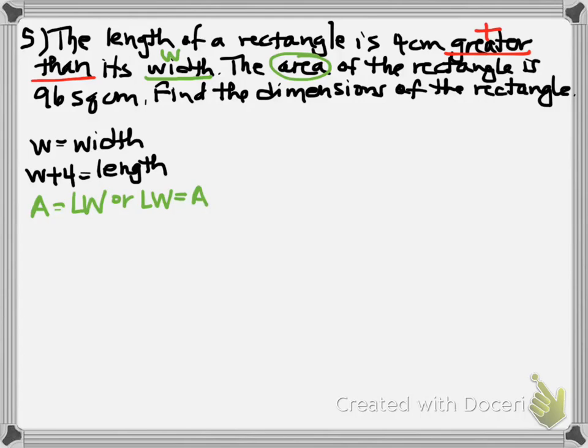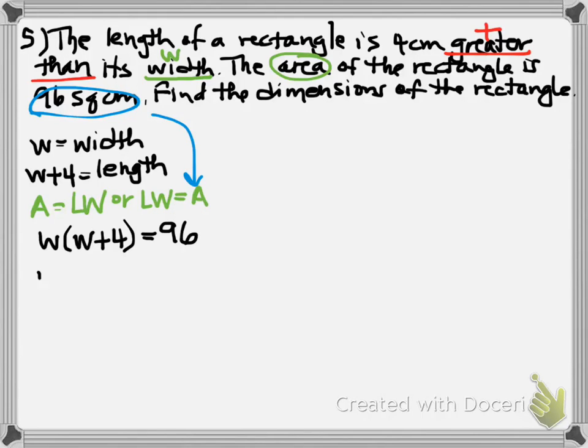Okay, so our equation is going to be length times width, width times length, doesn't matter. Commutative property allows that. It gives us an area of 96. So we're going to distribute, and we get w squared plus 4w equals 96, and then we're going to subtract 96 from both sides.